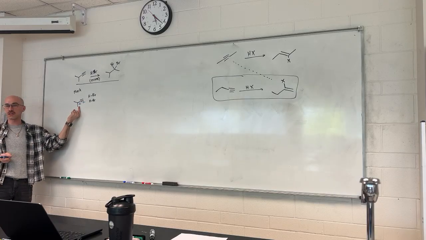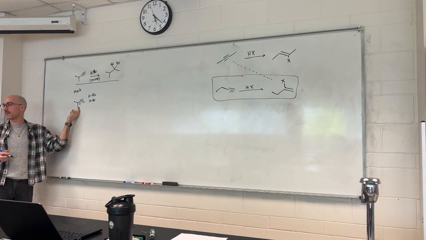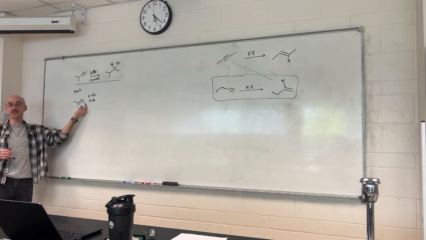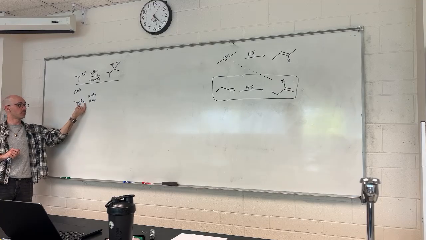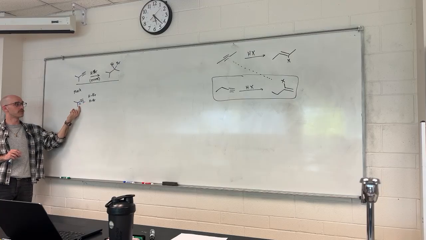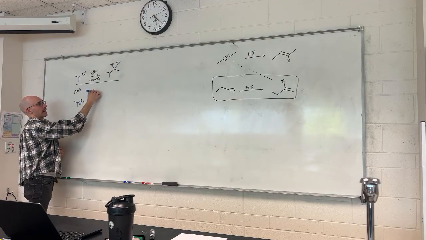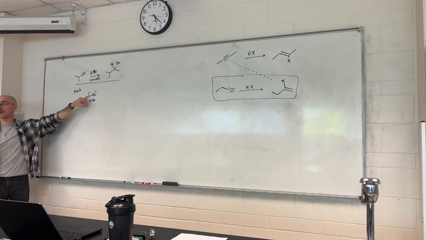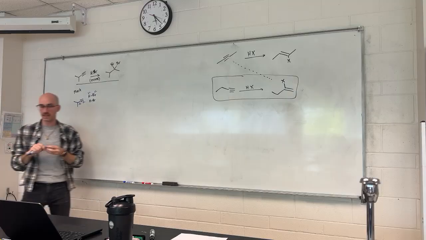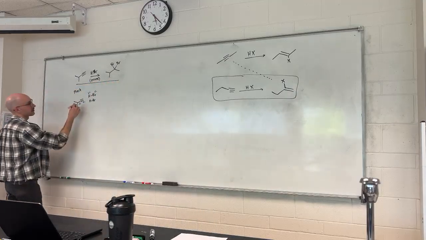More substituted, more willing to let go of the electrons of the alkyne pi bond. Less substituted, more likely to hold on to the electrons from the pi bond. More likely to use, more likely to lose. And remember that my charges line up opposite. So my partial negative is attracted to my partial positive. That's my acid-base chemistry. So my first step is acid-base.